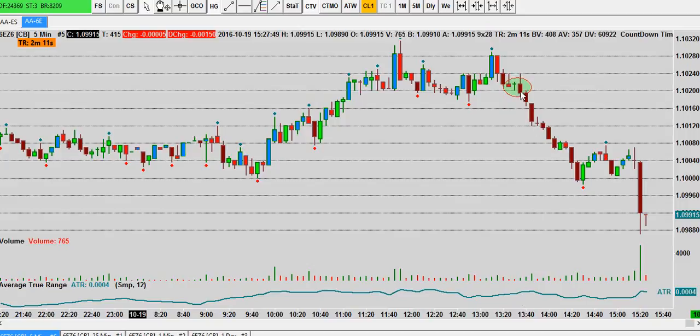It's 6 points in this first contract, and our second contract, or our second lot, had a profit target area at the area of 1.1 and zeros. So this is our second profit target area, and as you can see, price collapsed to the downside, and this area was reached very easily.